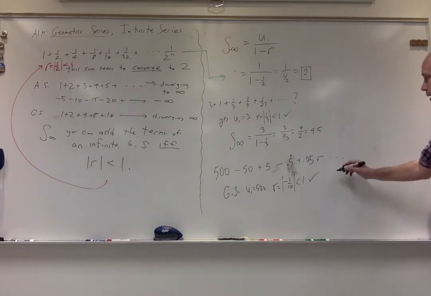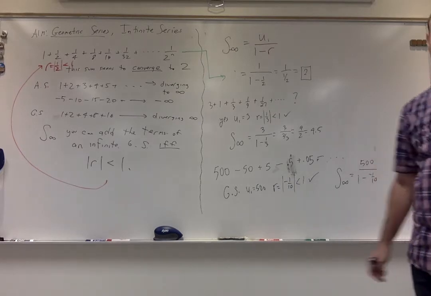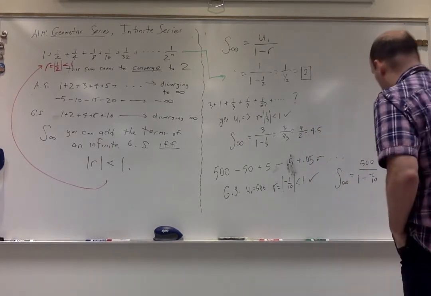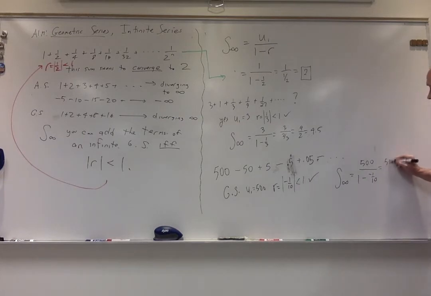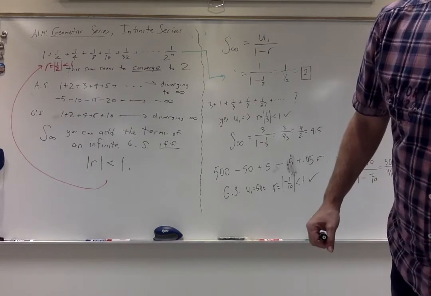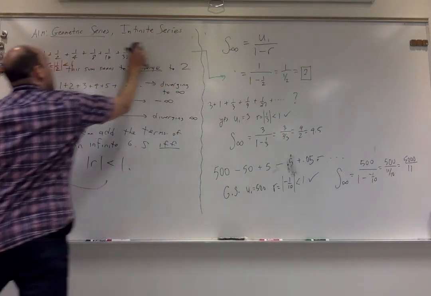So we have S of infinity is equal to 500 divided by 1 minus negative 1/10, which equals 500 divided by 11/10, which is equal to 5,000 divided by 11. Kind of cool.